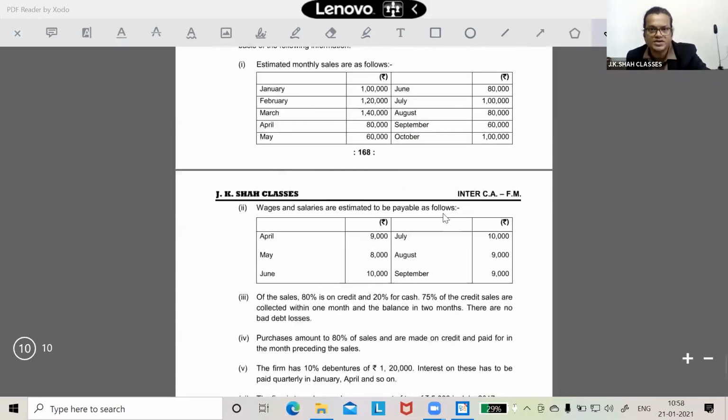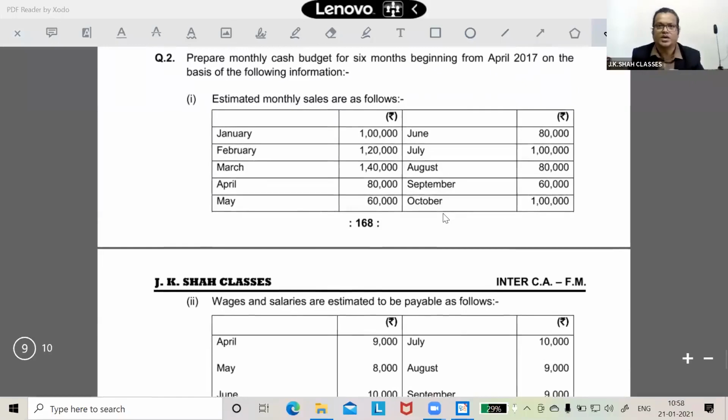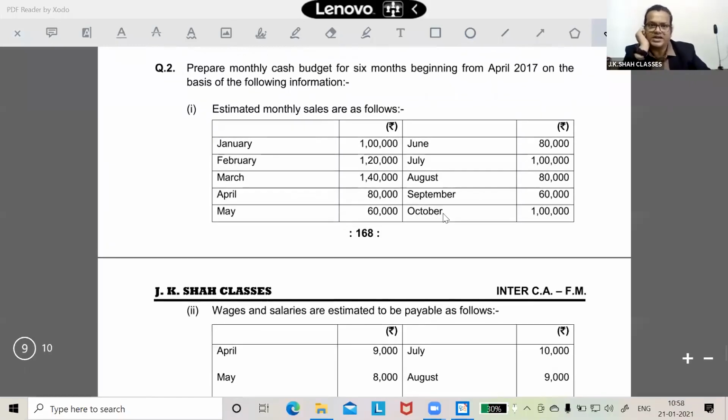Now, few other points in this question. Let's take a quick look. See, we have to prepare a monthly cash budget for what? 6 months. Okay, fine. Sales are given to us from January to October.